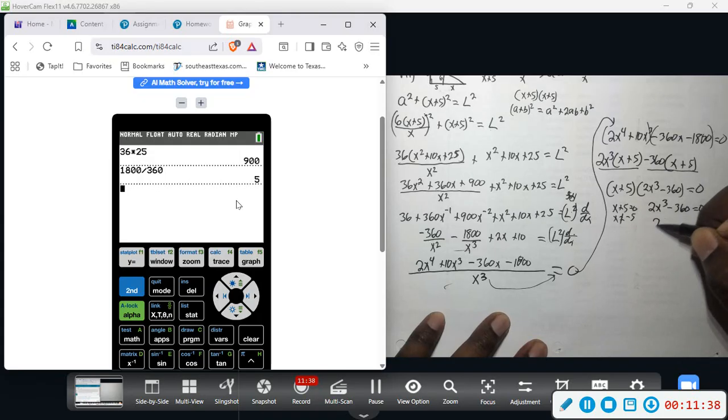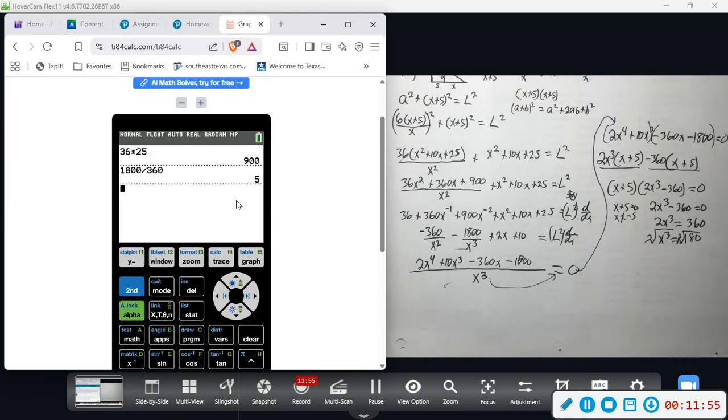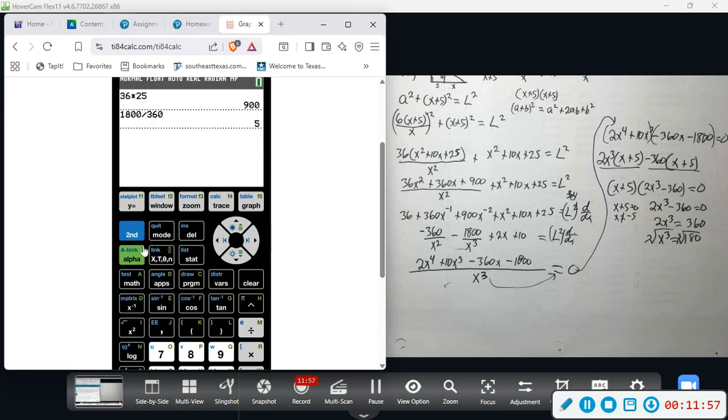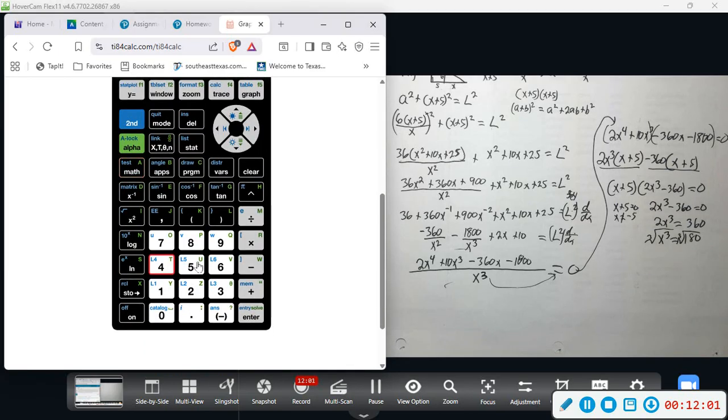Add 360, we get 2x cubed equals 360. Divide by 2, we get x cubed equals 180. And then we take the cube root. All right, so the cube root of 180, I'm going to go math, 4, cube root of 180.